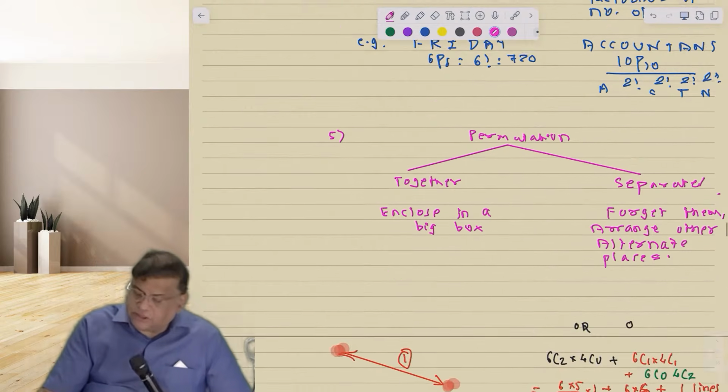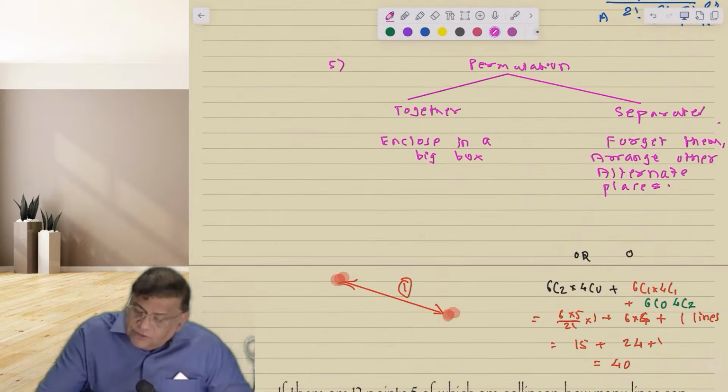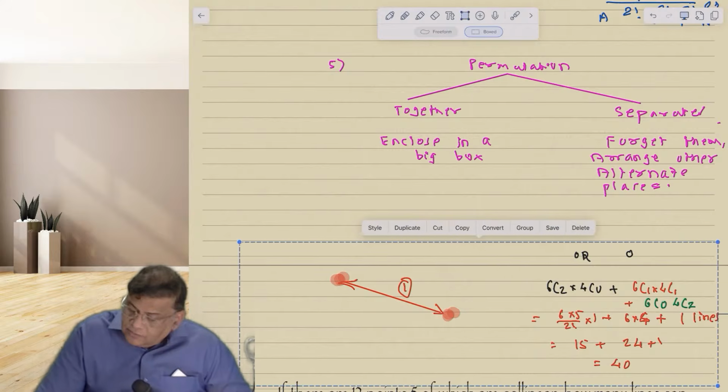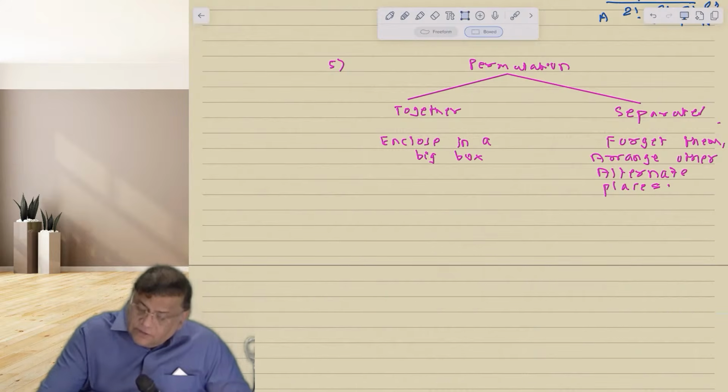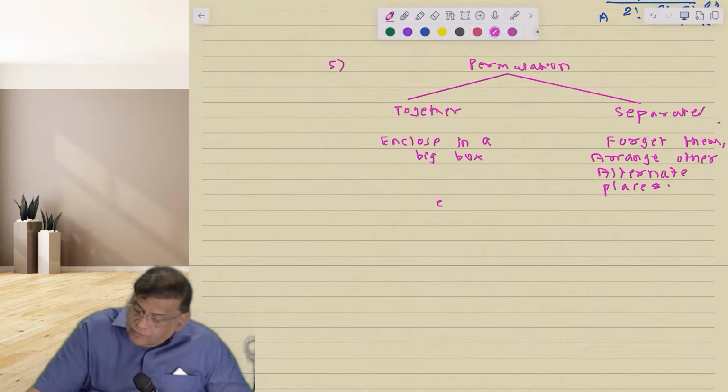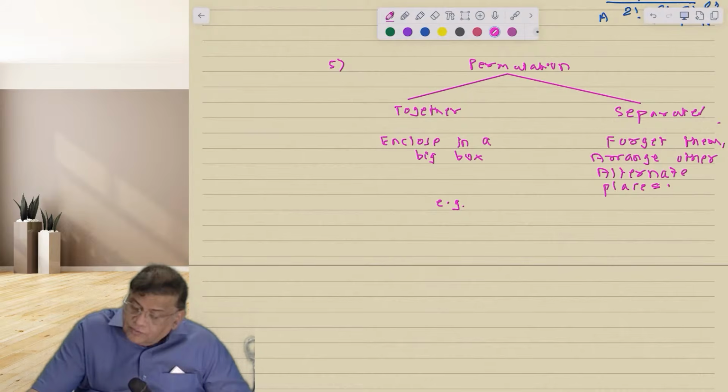Now what does it mean? In case I say the word given is, suppose, computer.